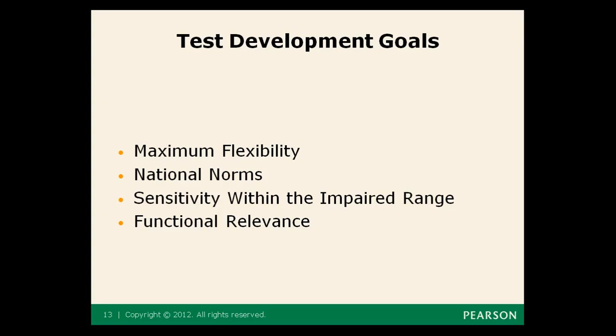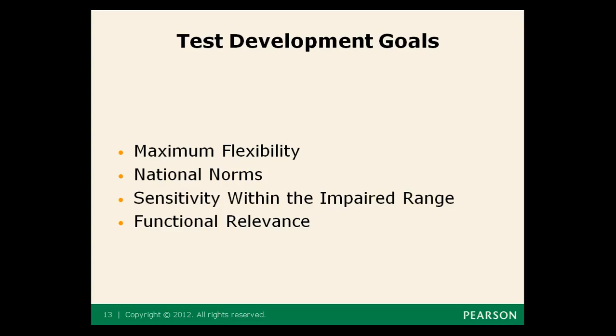So let me talk a little bit about this more in depth. The BMAT was designed to have 2 features that ensure good score differentiation within the impaired range. The first feature is that the items were developed to be sensitive to differences in ability among impaired individuals. So most items can also be attempted by individuals with very limited motor skills, so we're not leaving out many people with impairments.